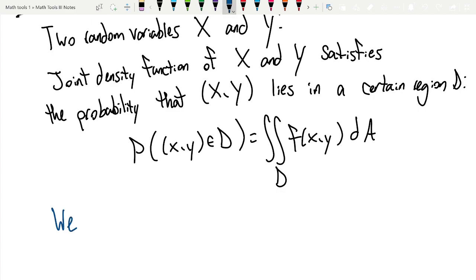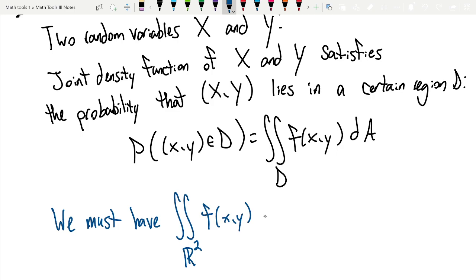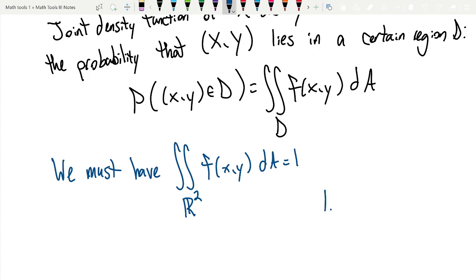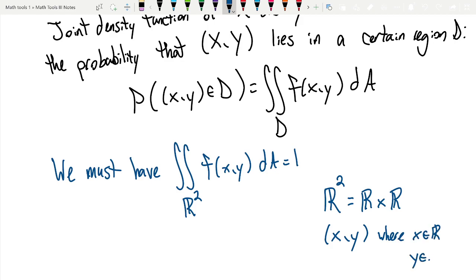So I'll just write this one out. We must have that the double integral over R2 of f(x, y) dA is equal to 1. Just as a reminder, R2 is commonly the shorthand for R cross R, where this is basically the set of all points (x, y), where x is in R and y is in R, right?